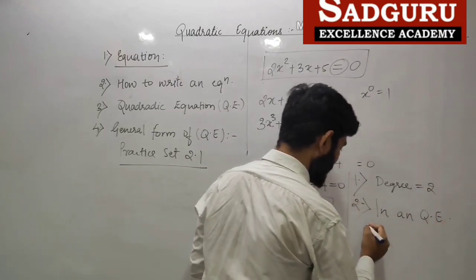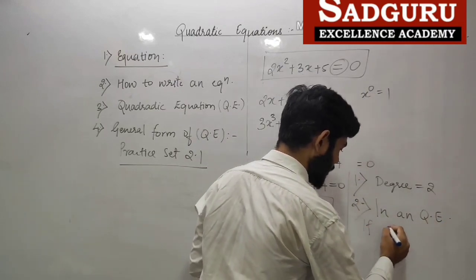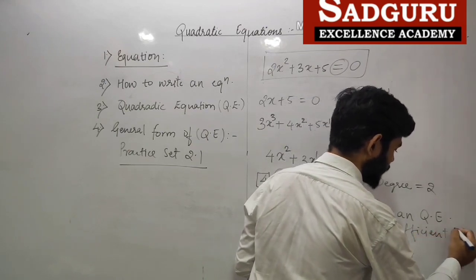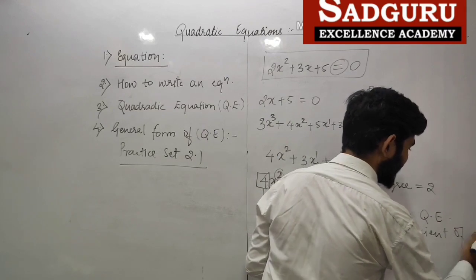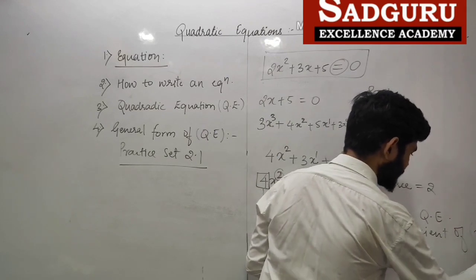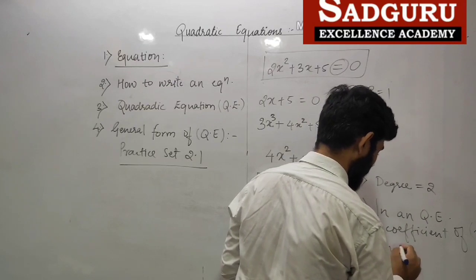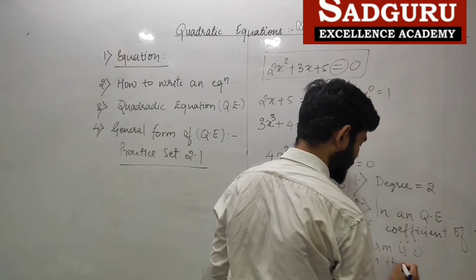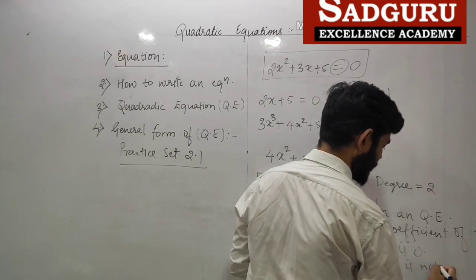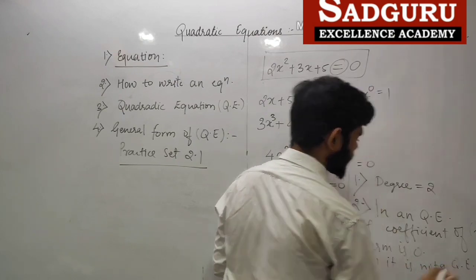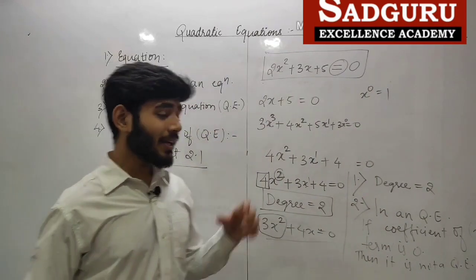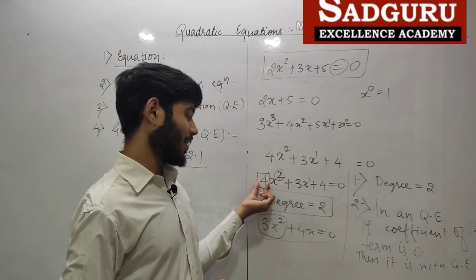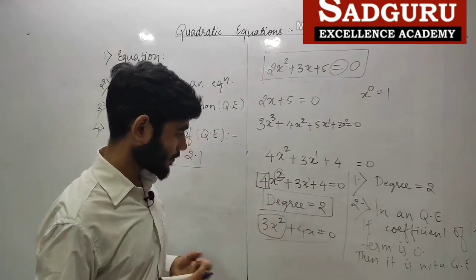In any quadratic equation, if the coefficient of the x square term is 0, then it is not a quadratic equation. So for being a quadratic equation, the term x square must have a non-zero coefficient.